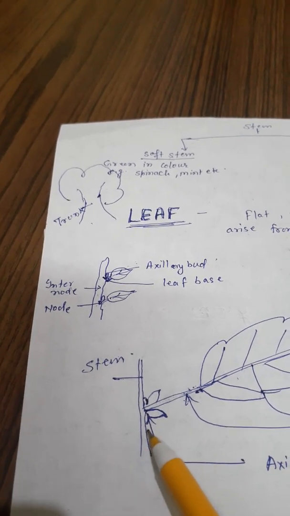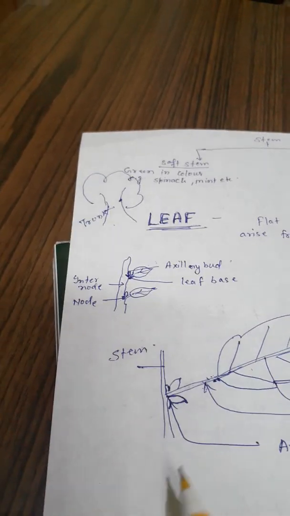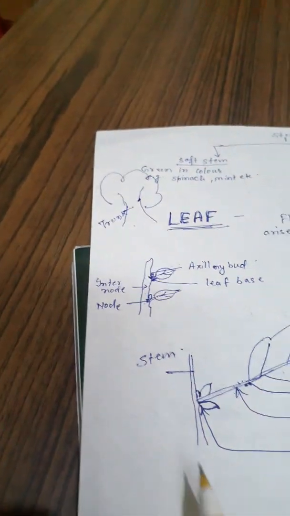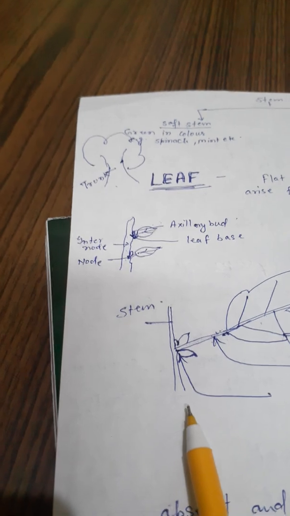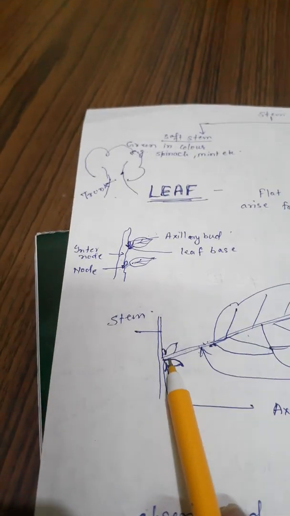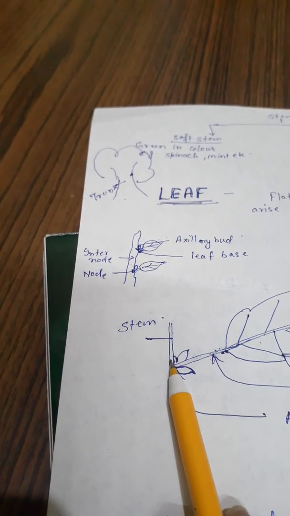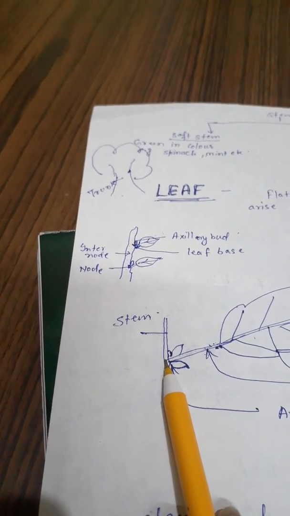But in some plants, petiole is absent and leaf directly arises from the stem. This is called sessile leaf.